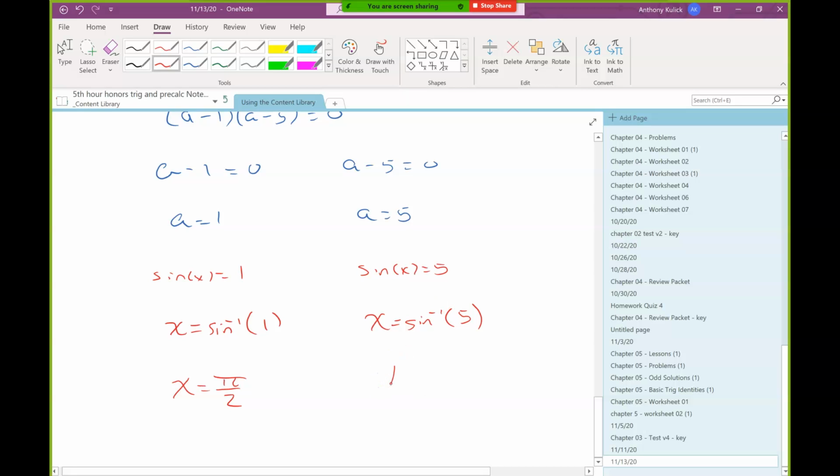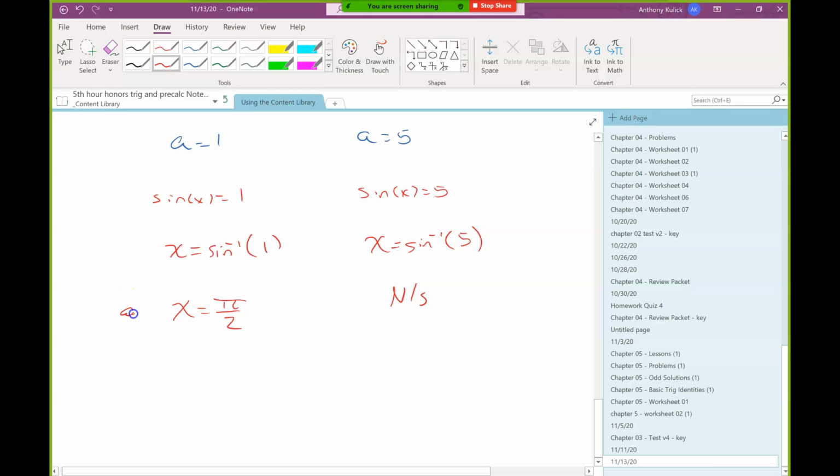This has no solution because I know that the domain for these inverse functions is -1 to +1. I can't take the sine or cosine inverse of something that's smaller than -1 or bigger than +1. So this just is equal to undefined. There's no solution from that part. Is that cool, Haley? Okay. So that's our answer for part A. We just have one answer.